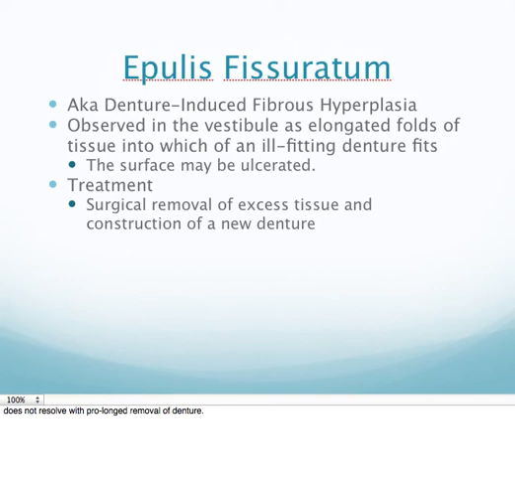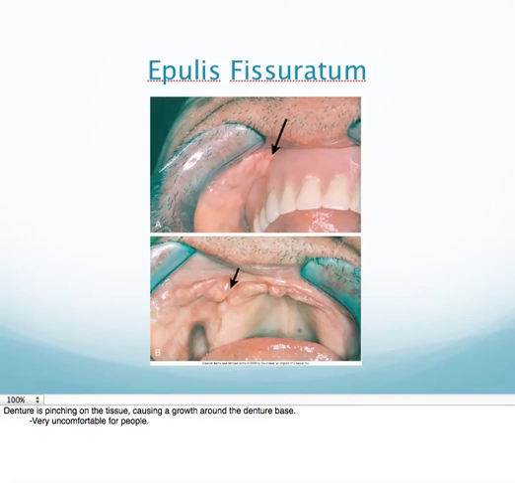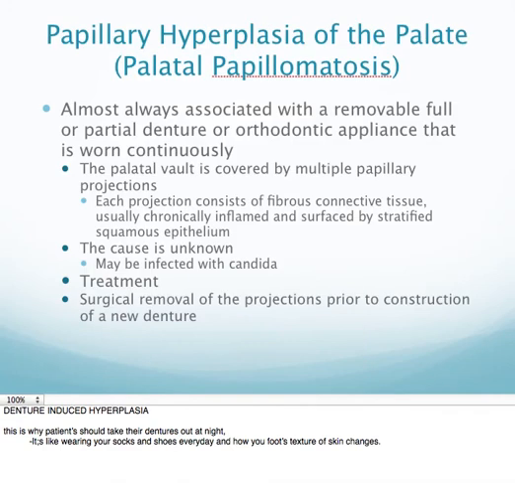This kind of fibrous hyperplasia that's going on. To treat it, you need to surgically remove the excess tissue and also make a new denture. There's an example of it right there. The denture is pinching on the tissue, causing a growth around the denture base, and it's very uncomfortable.